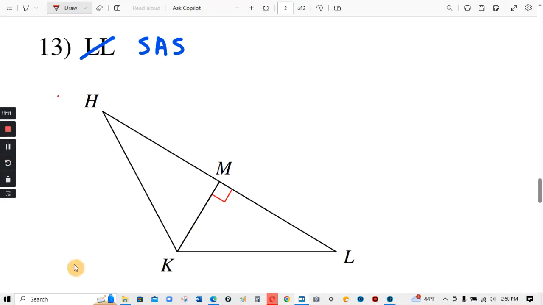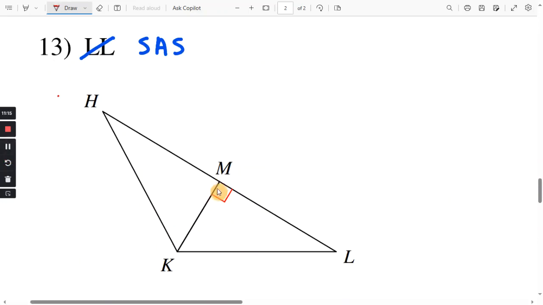All right, number 13, we see this side right here is shared by both triangles. So I'm going to mark that side congruent to itself. And we see there's a right angle here and a straight line here, so I'm going to mark this as a right angle. I didn't even need to see what they're asking for at first.